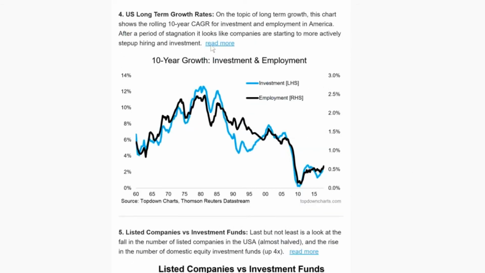Number four here is the long-term growth rate. Just a quick note on the methodology here. This is the rolling 10-year CAGR, compound annual growth rate.